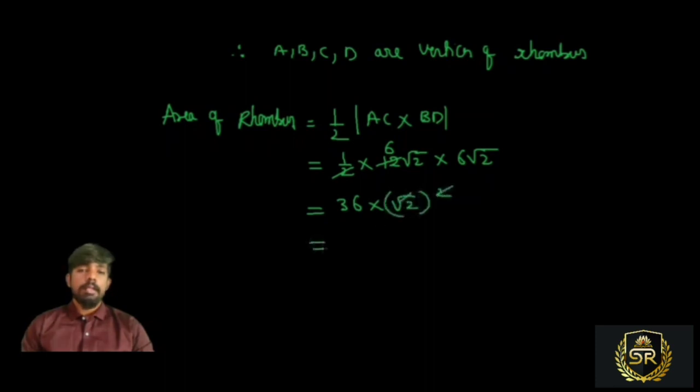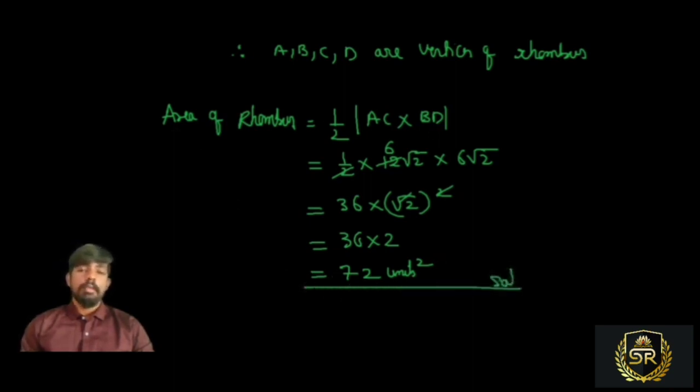Square and root cancel, 36 into 2, so 2 6s are 12, 2 3s are 6, that is 72. Therefore, this is the area of the rhombus, 72 unit square.